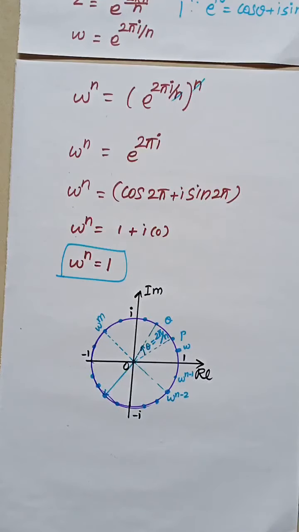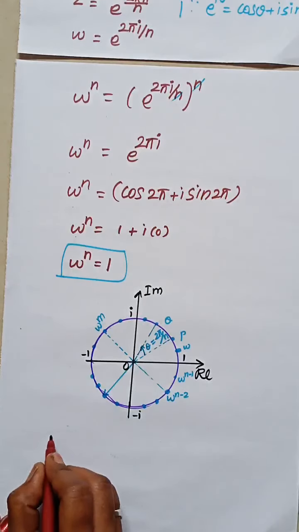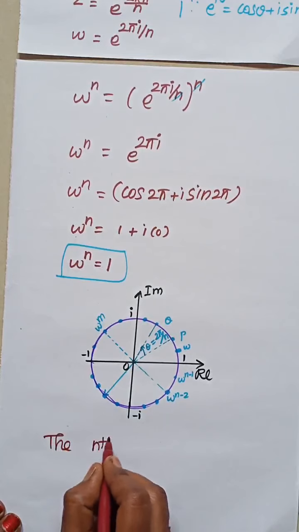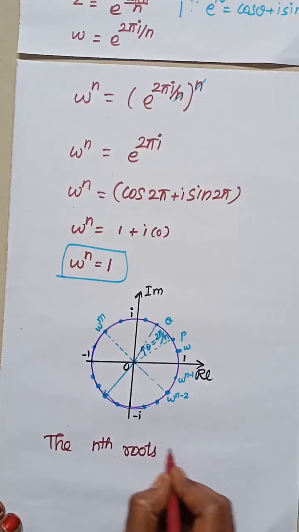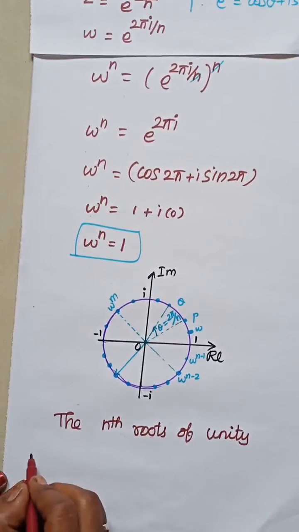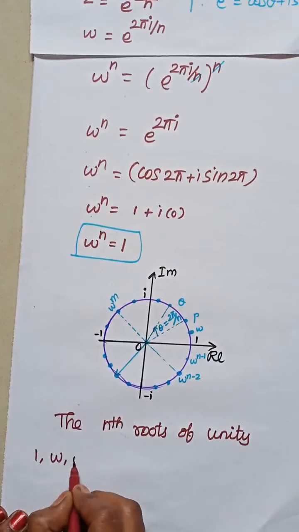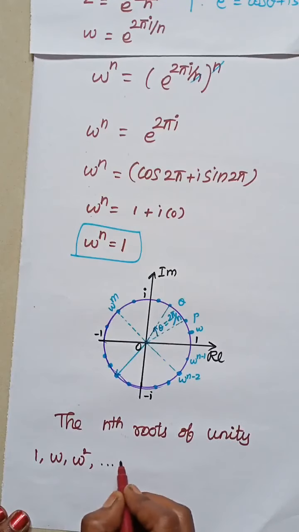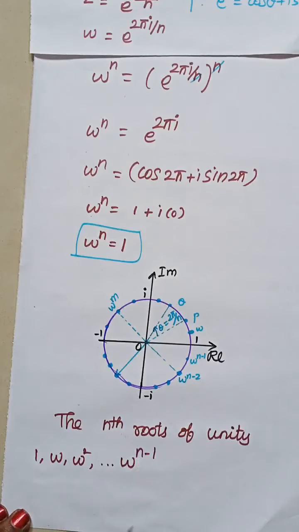Now see the nth roots of unity. The nth roots of unity are 1, omega, omega squared, up to omega power n minus 1.